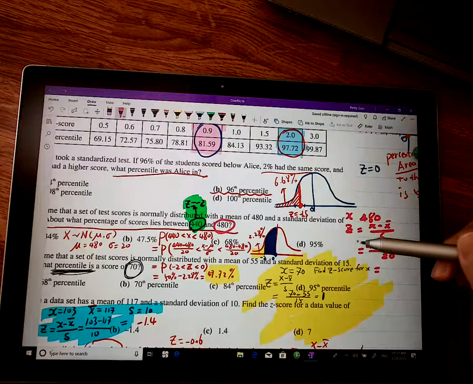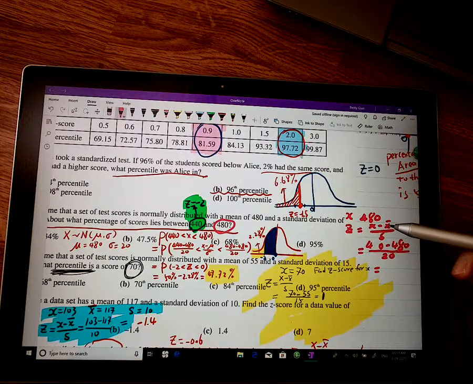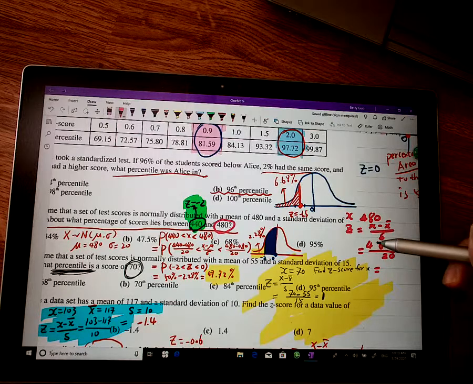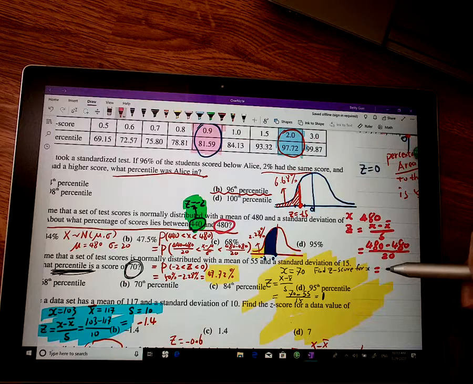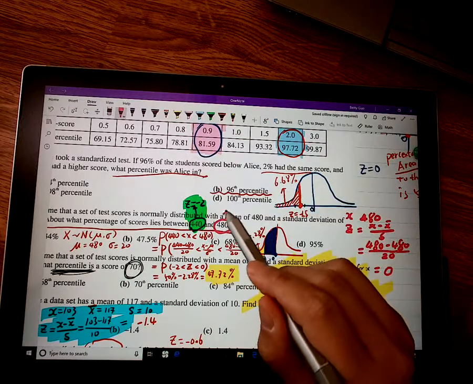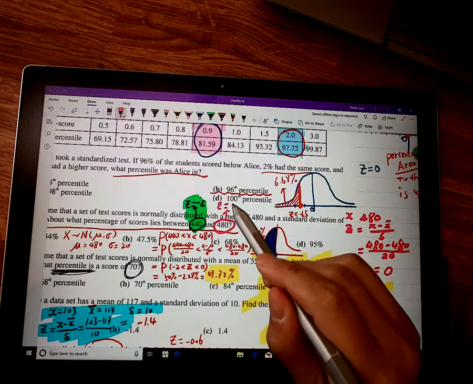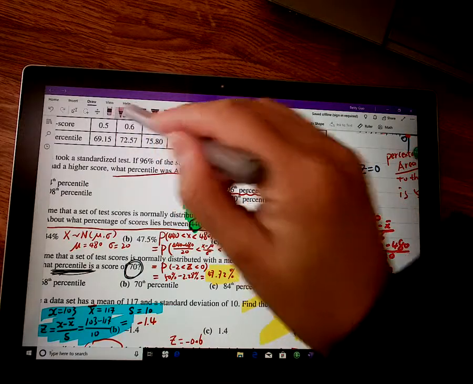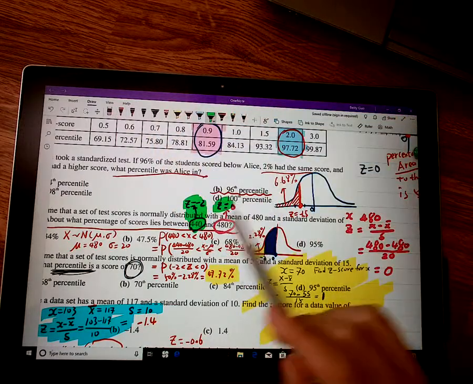We want to standardize it. So we subtract the mean from it, all over the standard deviation. 480 minus 480 over 20, we get 0. Turns out the Z-score of 480 is 0.